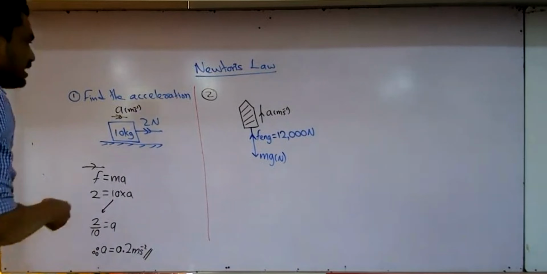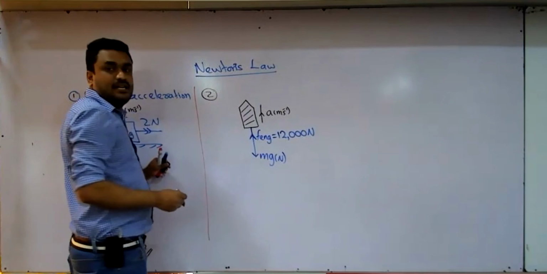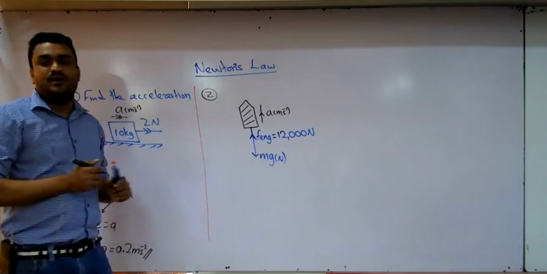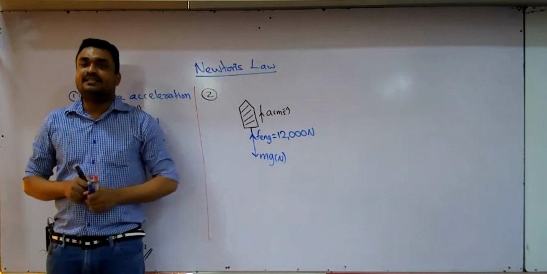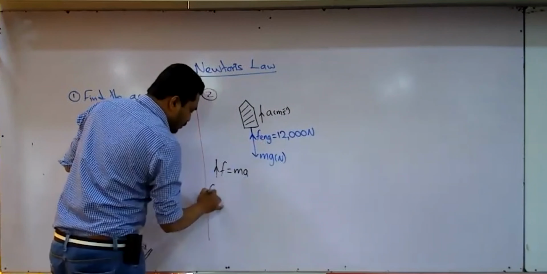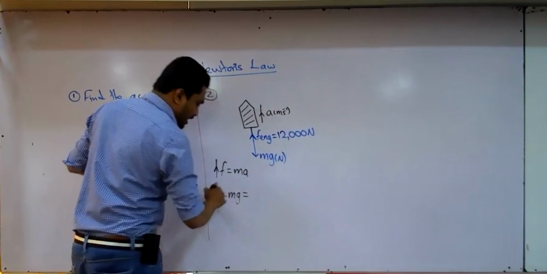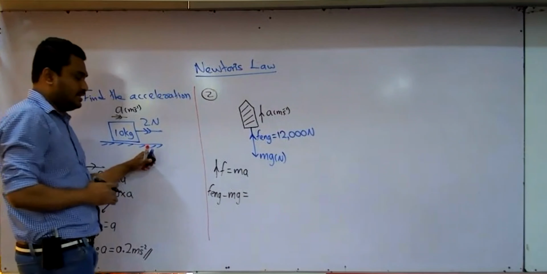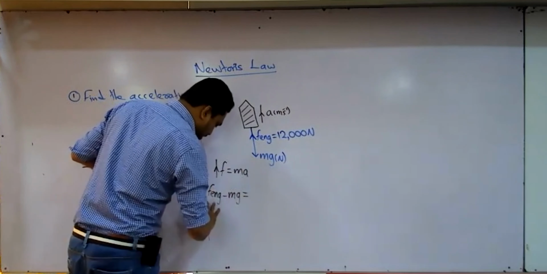So then what's the total upward force here? If F engine is acting upward, mg acting downward, the resultant upward force is upward force minus downward force. So if I apply F equals ma, the upward force is F engine, downward force is mg. F engine minus mg is the resultant upward force.